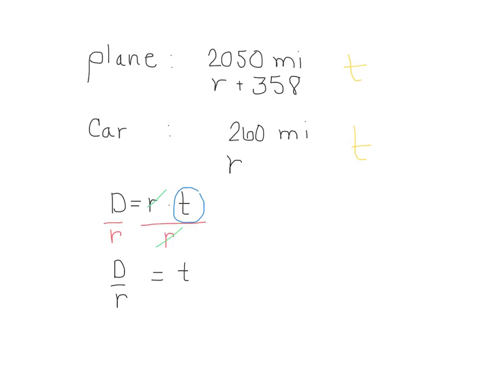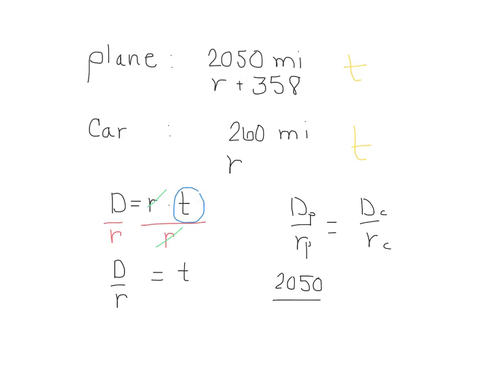What that basically means is we can take distance over rate, which is the time of the plane, and set it equal to distance over rate, which is the time of the car. Those have to be the same because their times are the same. So now if I do that, distance of the plane we were given was 2,050 miles.